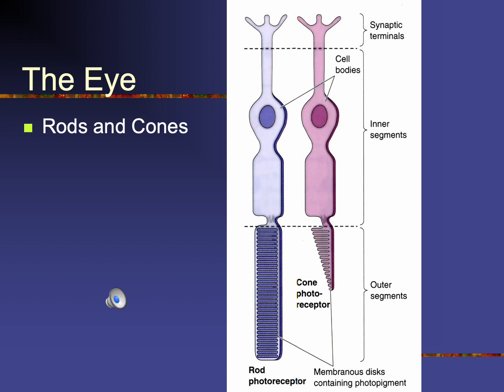Now, the rod is the simpler of the two, and the rod is going to respond to just light intensity level. So you can think of it as black and whiteness, grayscale level. A cone has special pigments in it that respond to a different light frequency. Now, each cone is sensitive maximally to a certain light frequency range, which I'll get to in a second, but they're tailored for light frequency discrimination and only respond to a certain light frequency range.